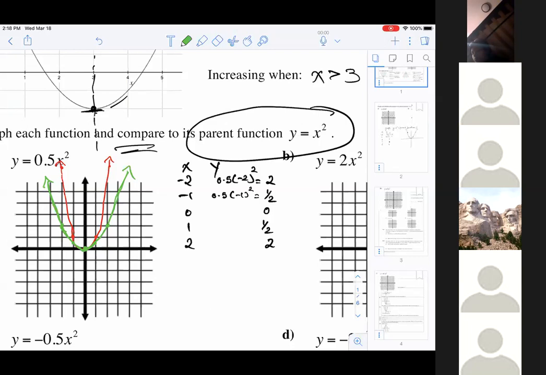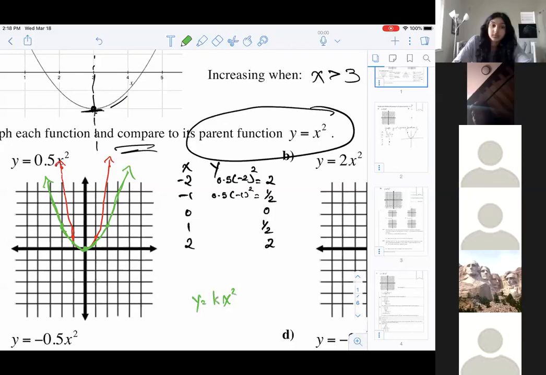Okay, so that is what I want you guys to write, because when you simply multiply the function by a k, that's always a vertical stretch or shrink.